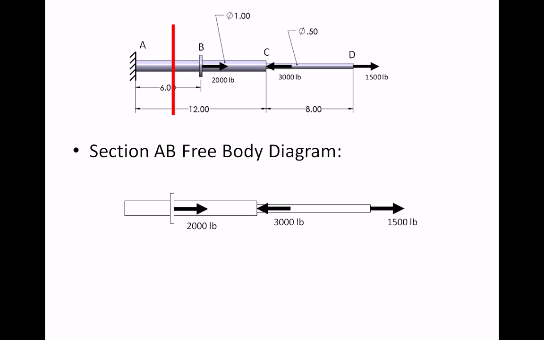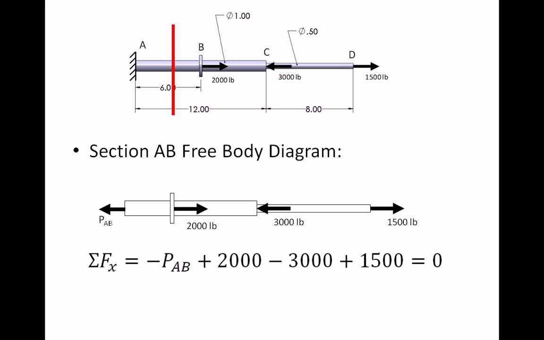And this segment is only in equilibrium if there is this tensile force, or at least an axial force, we think it's tensile, P sub AB. Now I've drawn it as though it's pulling away from the cut face, so that would indicate a tension if the sign comes out to be positive here. When we do the sum of the forces, we'll see that the sign does come out to be positive, 500 pounds.